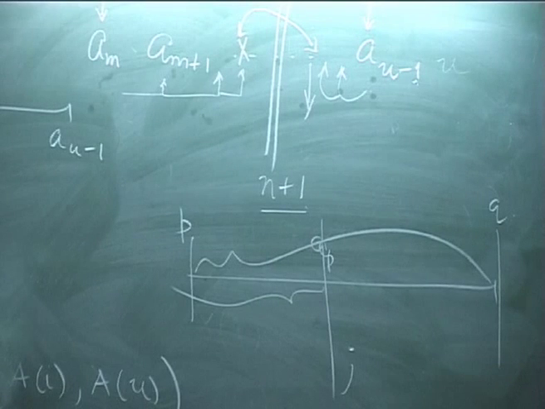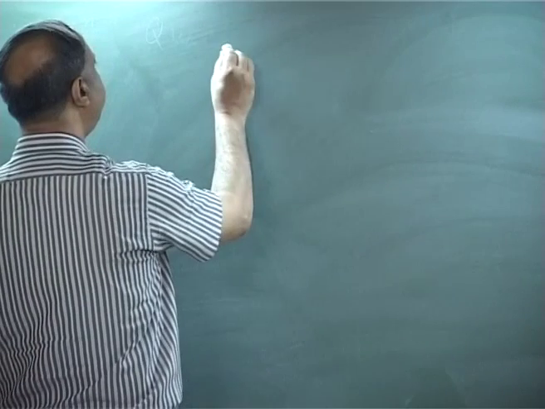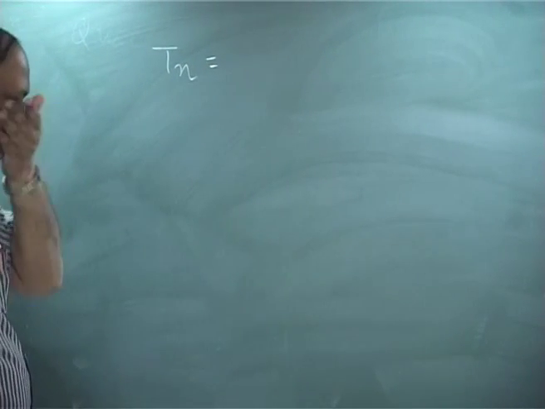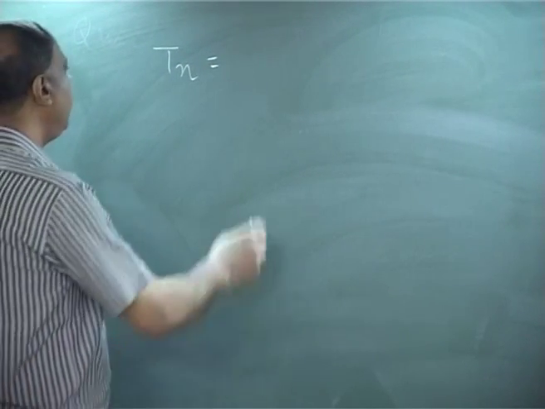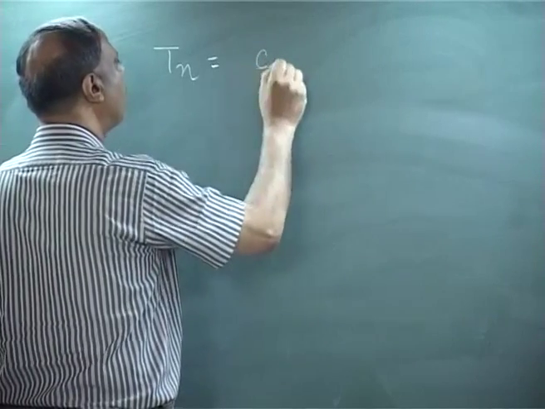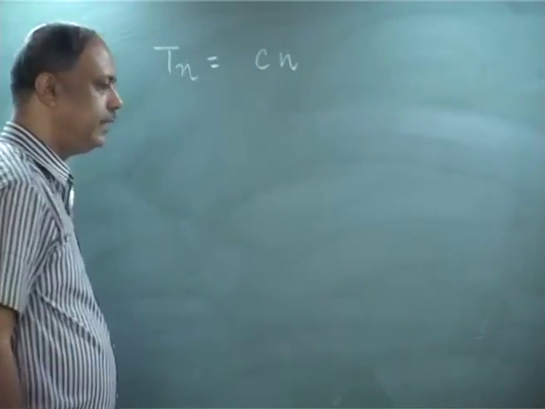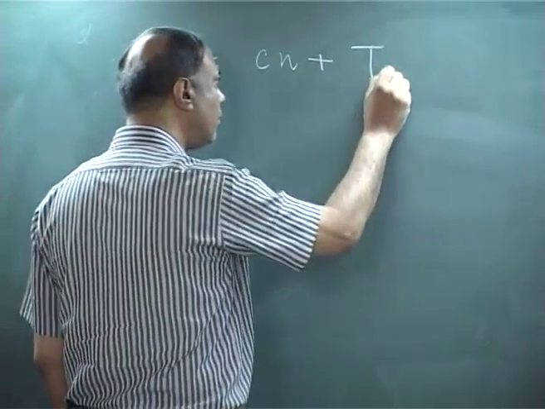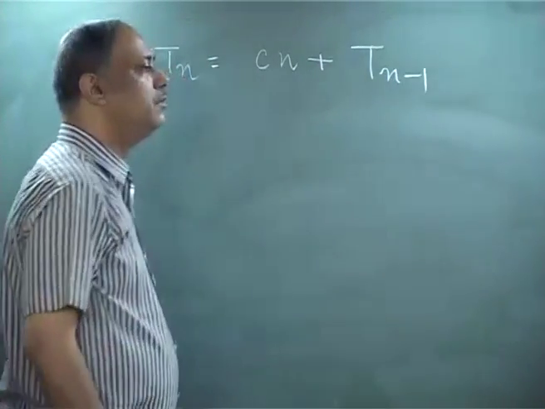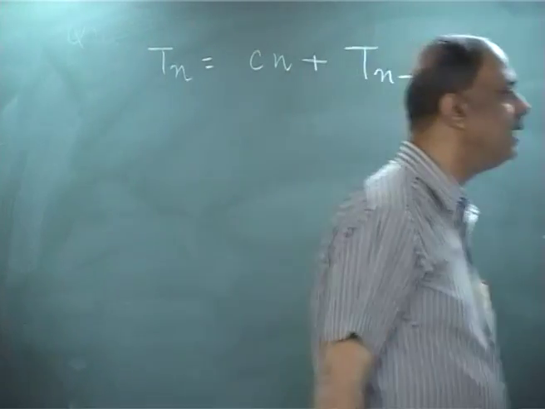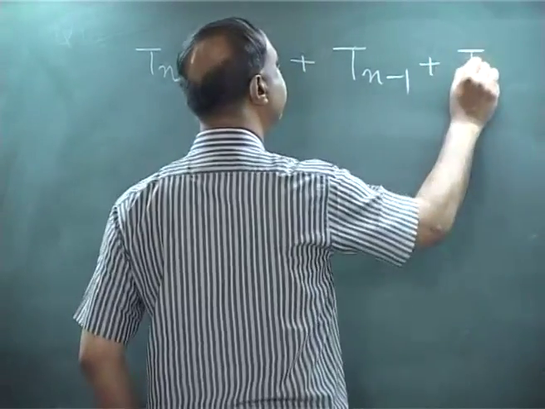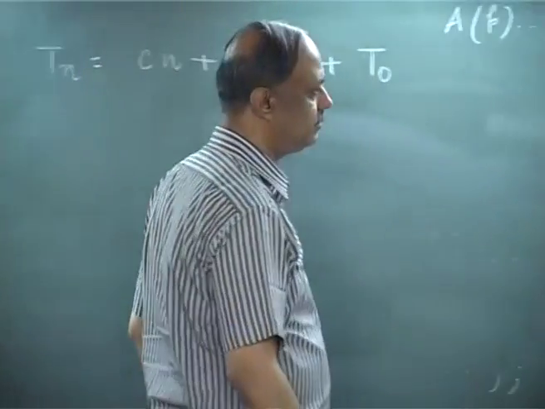So in that case, what happens? If Tn is the time complexity, then you need order n time to partition, and the size is not reduced. Only one element is on one side, and on the other side there are no elements.